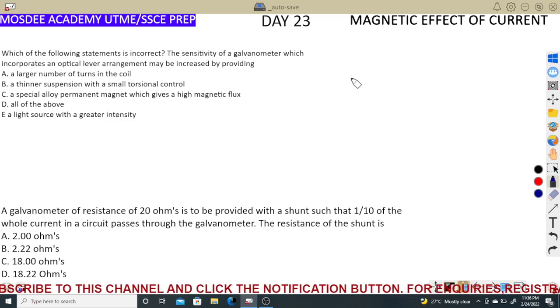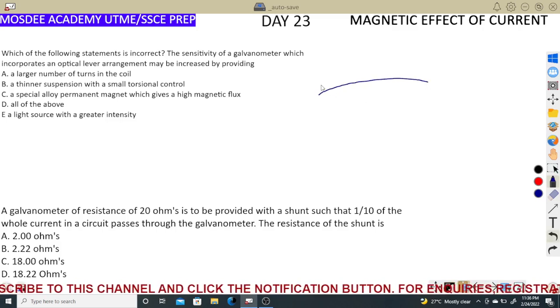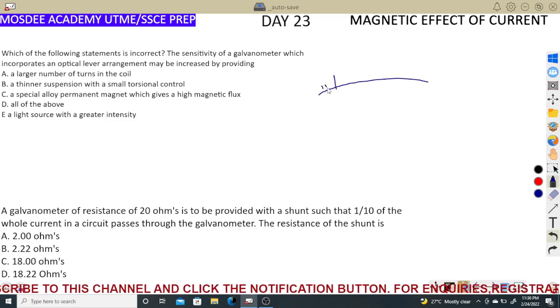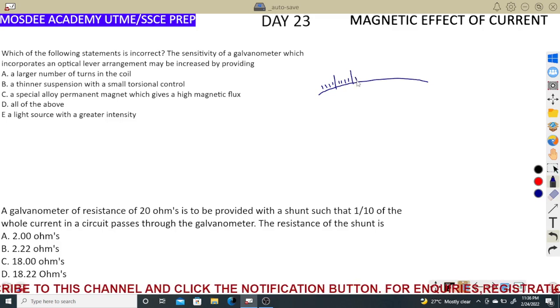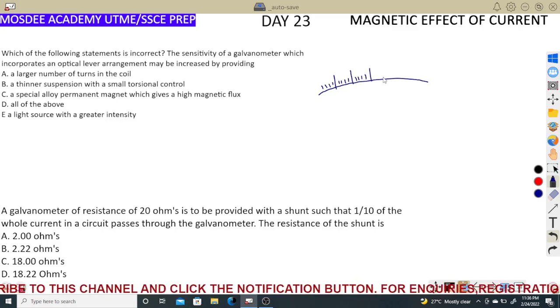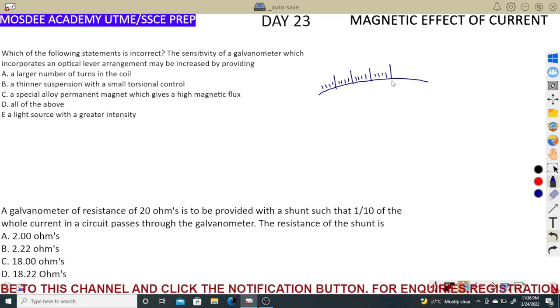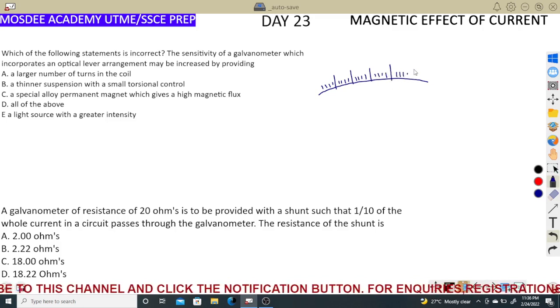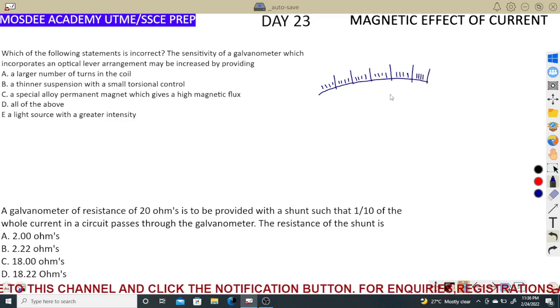About the quick concept, when we say current sensitivity, let me just draw a simple galvanometer just for illustration's sake, because I know most of us are not used to this topic in our junior classes, even in your tutorial, maybe most of the time. Because of time frame, the teacher might not be able to talk about it.